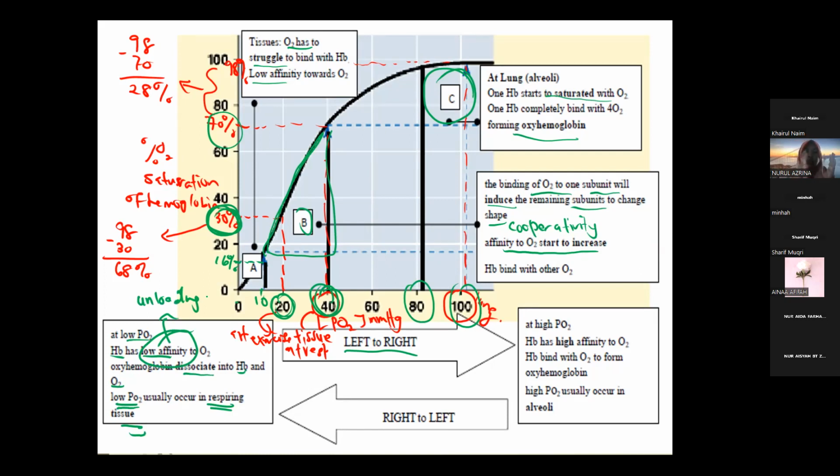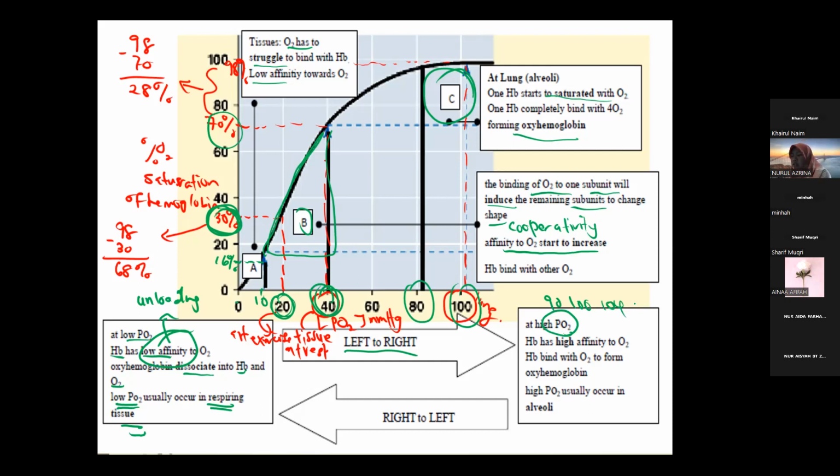Ingat, low partial pressure tu 10, 20, 30. Right. So at low partial pressure, hemoglobin has higher affinity to unload the oxygen. But at high partial pressure, we refer to partial pressure 100, 90, partial pressure 104, for example. This is high partial pressure.